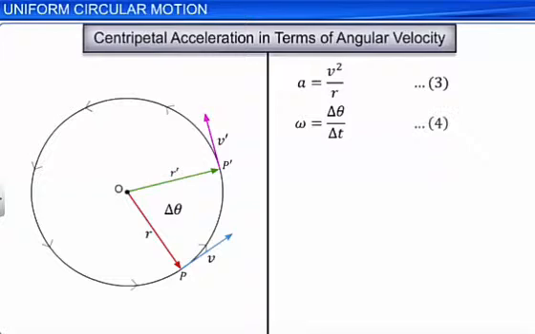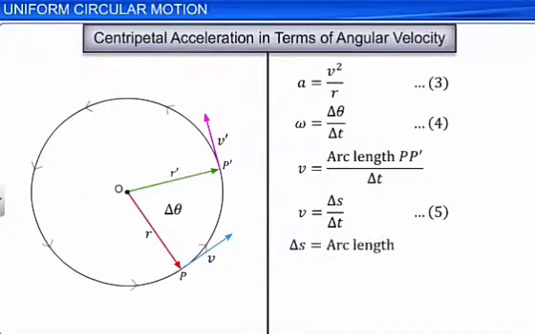Let this be equation 4. V is equal to arc length PP' by Δt, which is equal to ΔS/Δt. Let this be equation 5. ΔS is the arc length, which is rΔθ. Let this be equation 6.